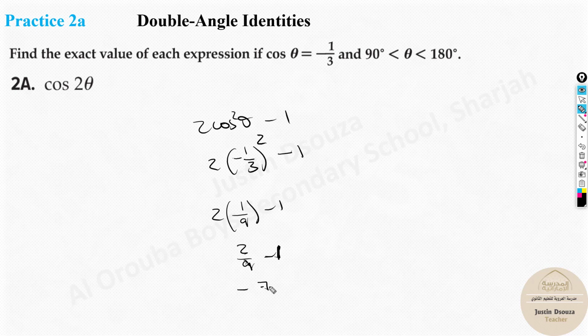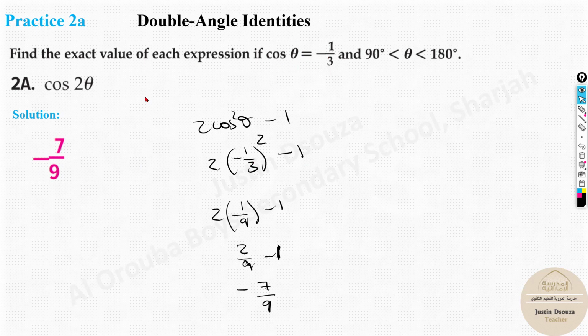That would be negative 7 ninths. You can just imagine in your head, from a whole you're taking 2 ninths, so you remain with 7 parts by 9. But since the bigger number 1 is negative, it's minus. So this is the answer. That's negative 7 by 9.